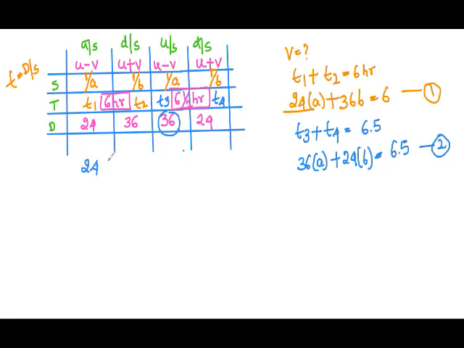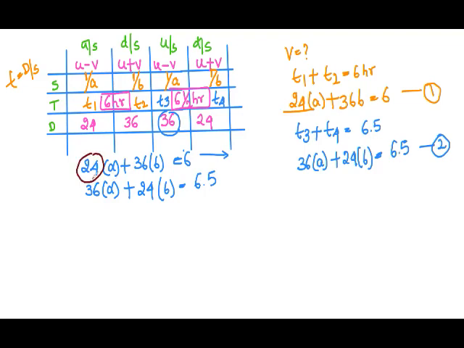I'm showing here. 24a plus 36b is equal to 6, and similarly here we have 36a plus 24b is equal to 6.5. Now, since these two coefficients are not the same, I'm going to multiply by interchanging the coefficients.